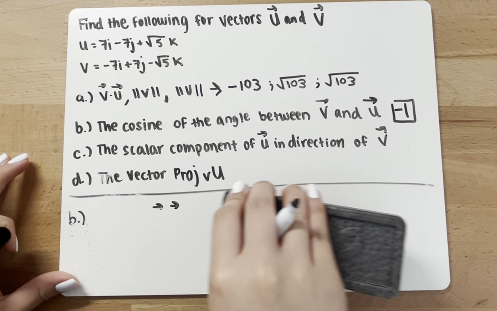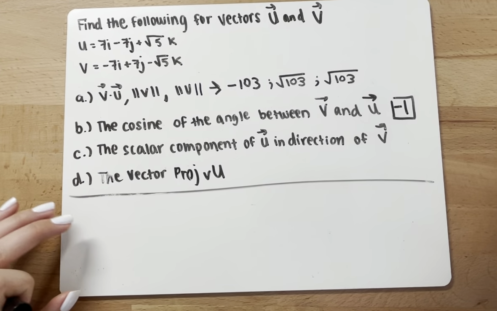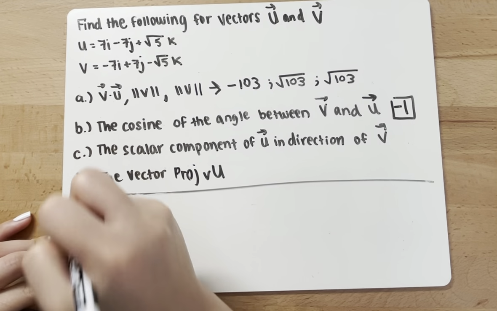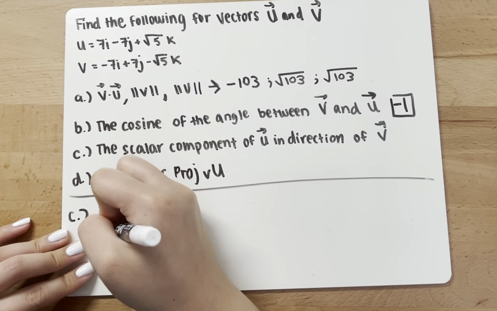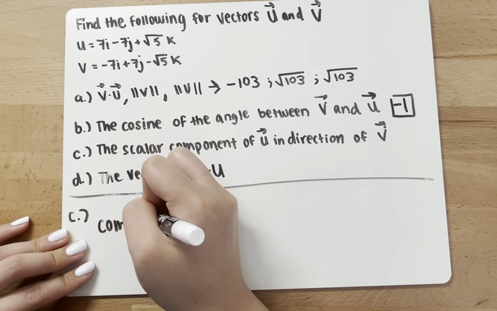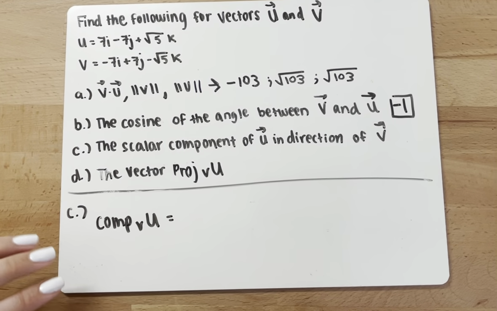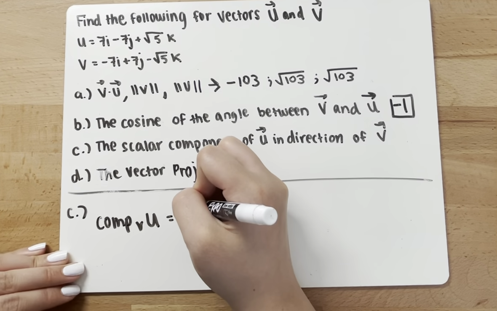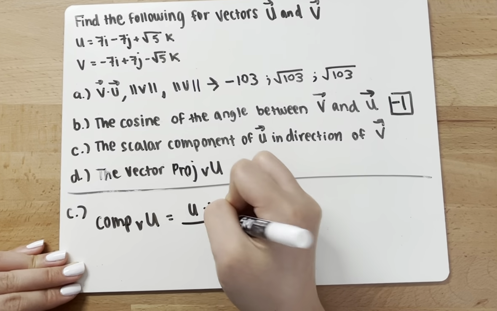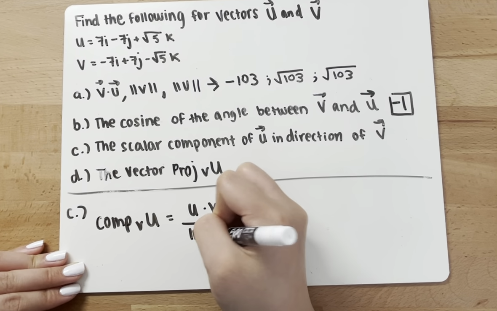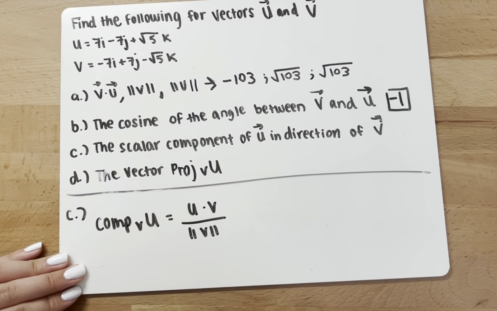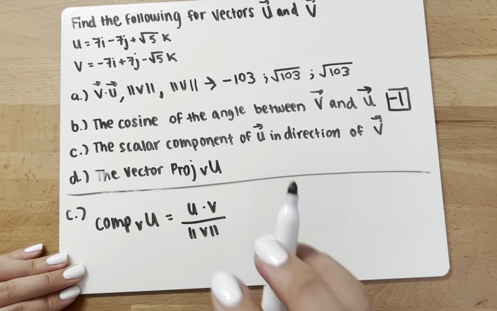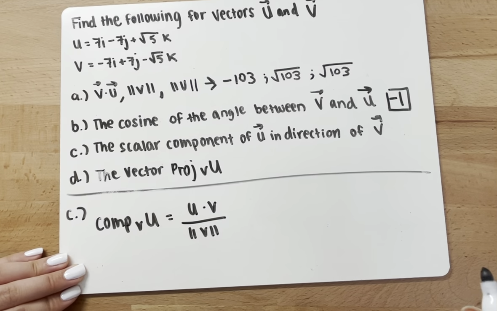Okay, now the scalar component of u in the direction of v. The formula for the scalar component of u in the direction of v is u dot v over the magnitude of v. Okay? u dot v, v dot u, same thing.